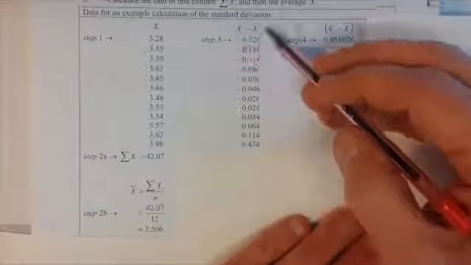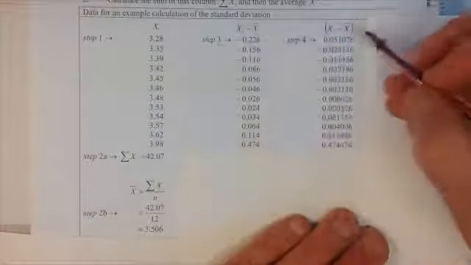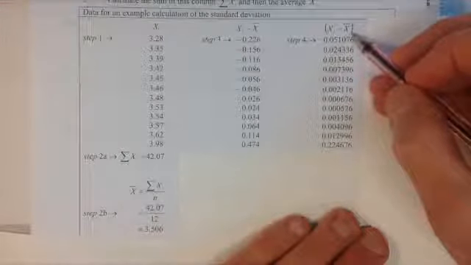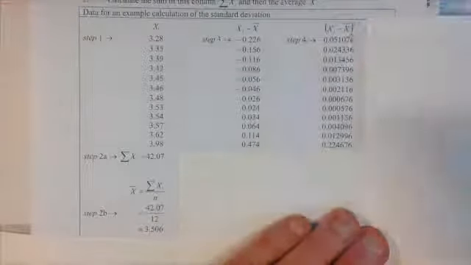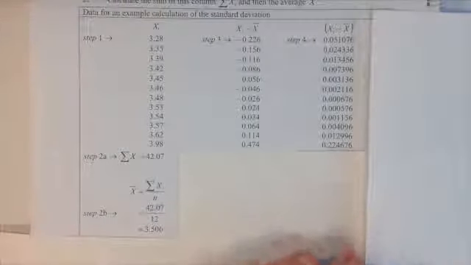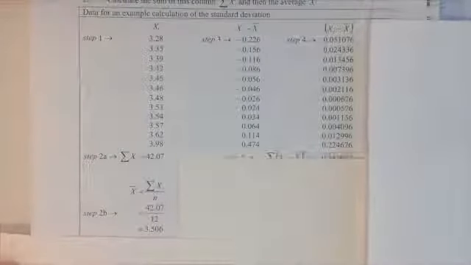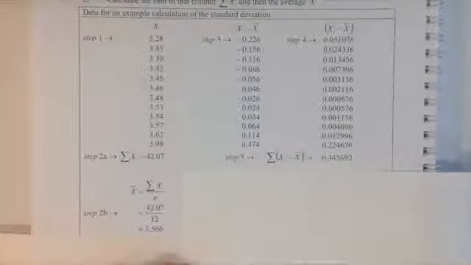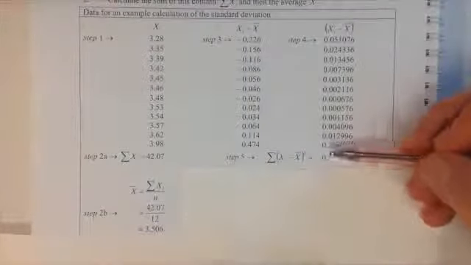But what's this xi minus x bar all squared? Well, that is the deviation from the mean, so this is the square of the deviation from the mean. And so what we do is add up all of those, which we do here.